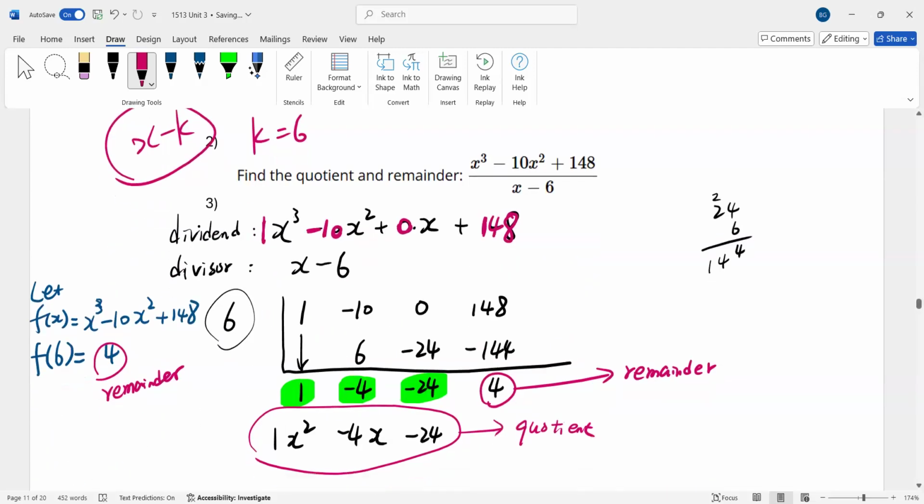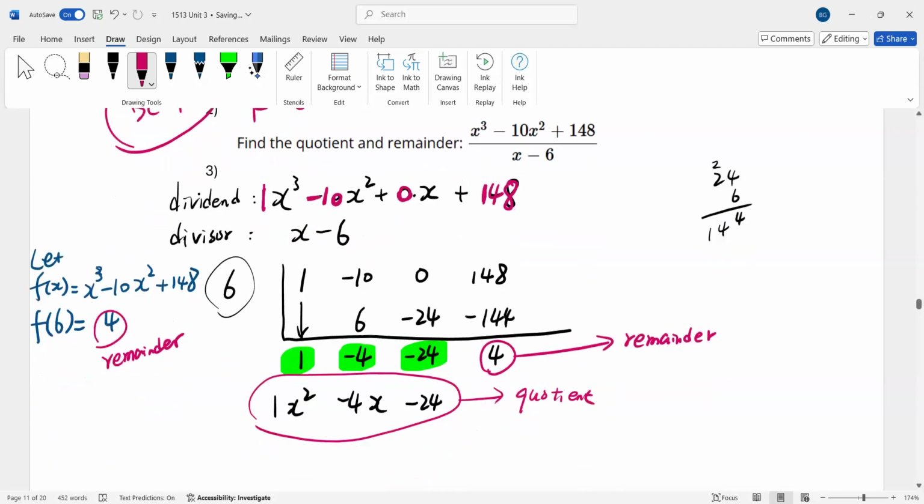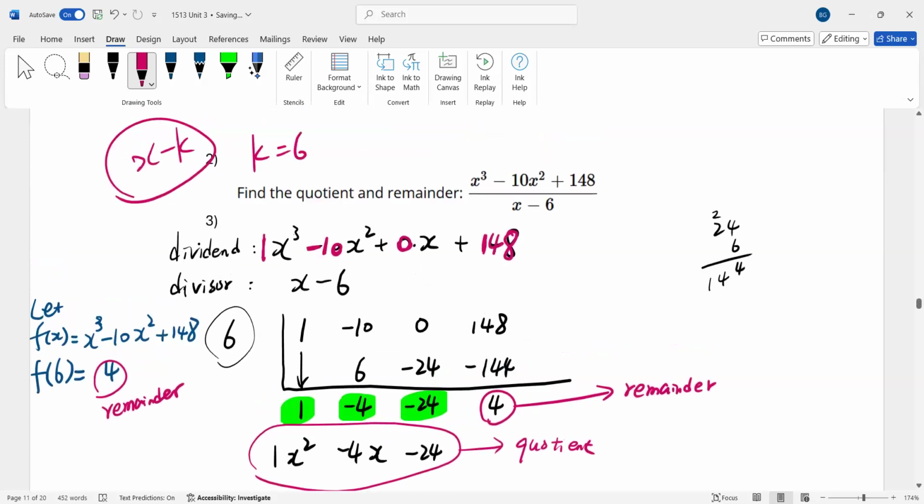We let the dividend be the polynomial function, and we plug in x equals k, which is 6, and the result is supposed to be the remainder. After we apply the synthetic method, the remainder is 4, right? It is 4. You see that?